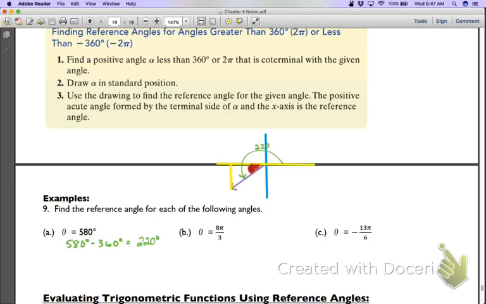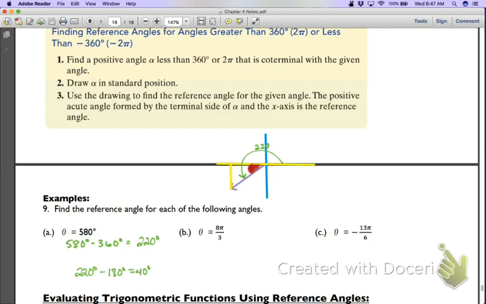What's the actual blue part, or the red part, rather? 40. How'd you get 40? 220 minus 180, right? Whenever I deal with radian measures as far as my angle, everything's in terms of pi, so it's 8 pi over 3.